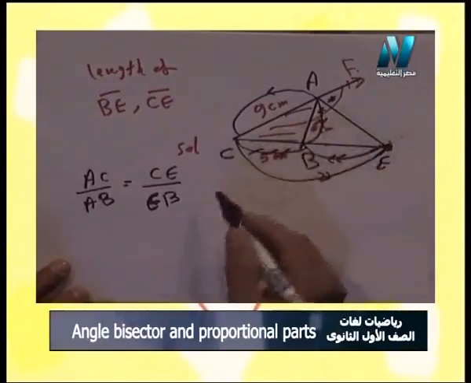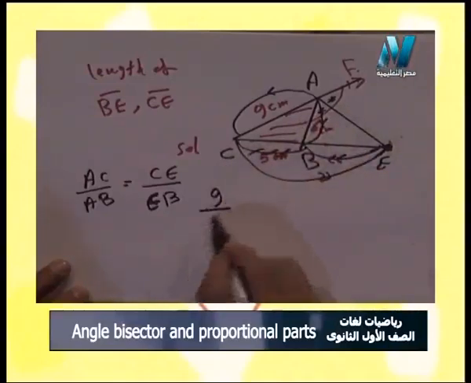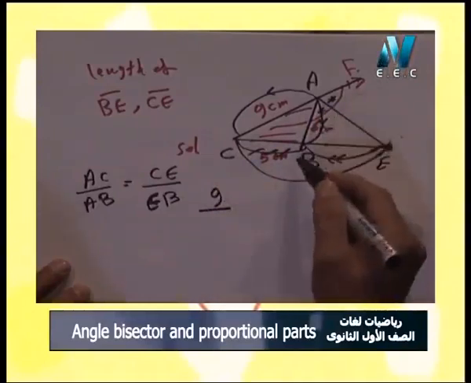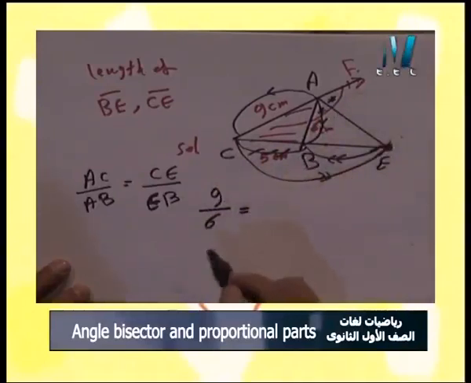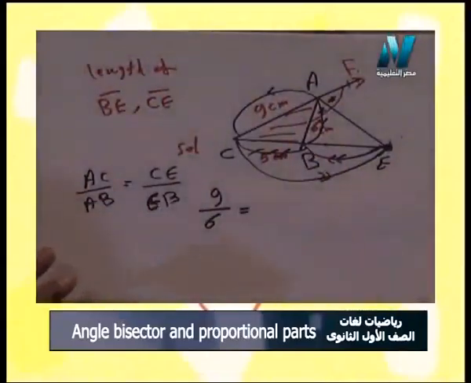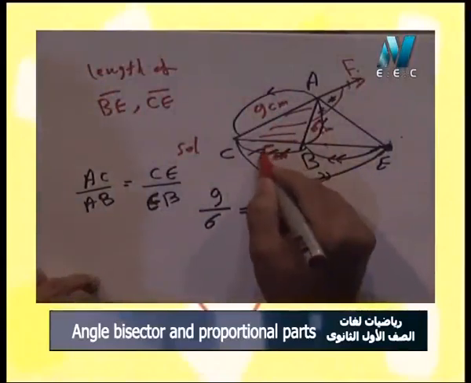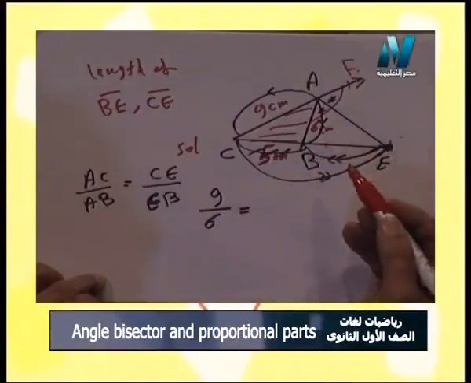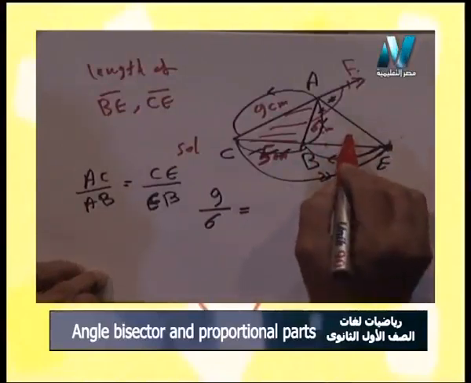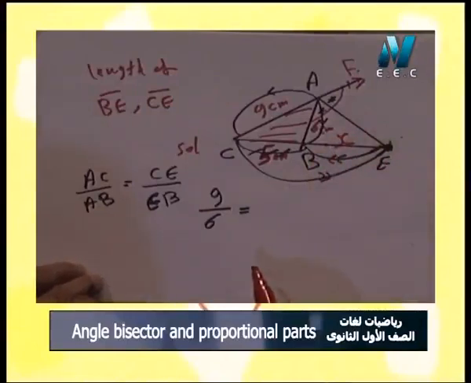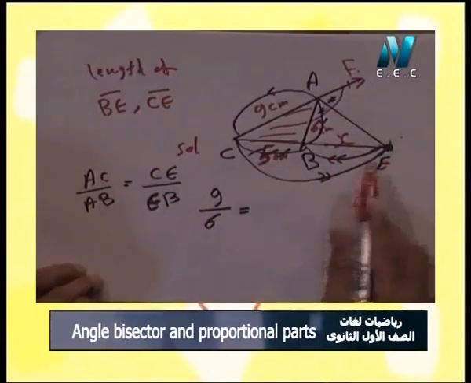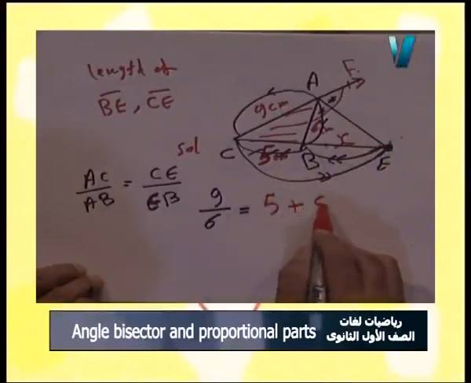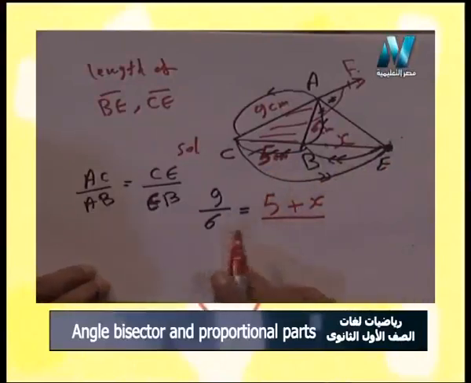We have AC equals 9 centimeters and AB equals 6 centimeters. CE equals 5 plus BE, we don't know its length, so we call it X. So CE equals 5 plus X over EB, which is X itself.